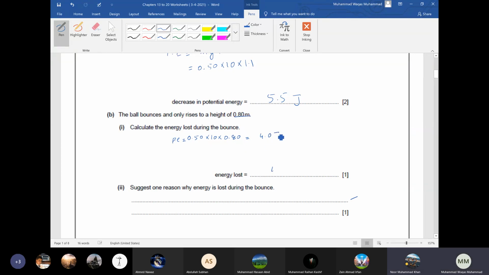It is 4.0 joules, right? Now, beta, when the ball bounces to 0.80 meter, it has 4 joules of energy, right? It means then how much energy is lost? Sir, 1.5. It's 5.5 minus 4.0. So that is the energy lost.